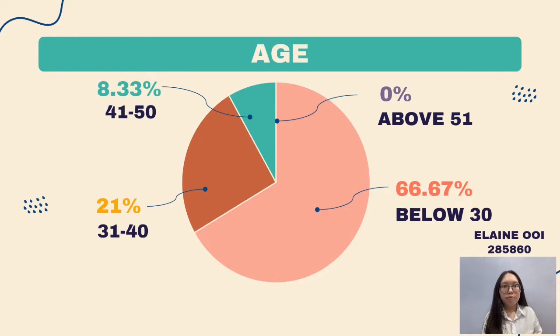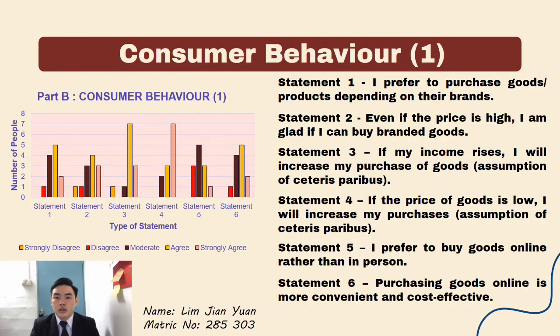Thank you. I will continue the presentation for my part. There are 5 respondents who agree with statement 1. I prefer to purchase goods or products depending on their brand, due to the reason of social classes. Even if the price is high, I am glad if I can buy the branded good, is statement 2.